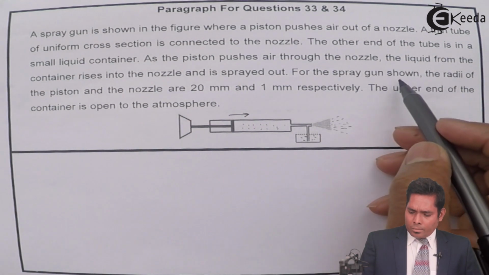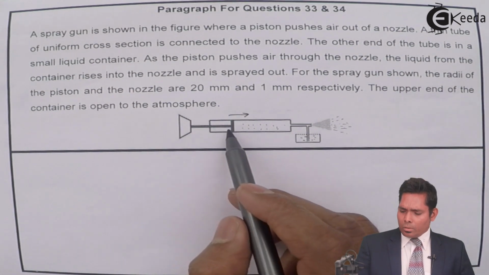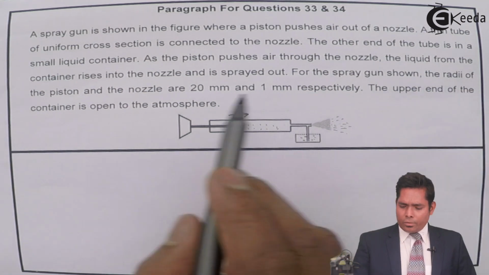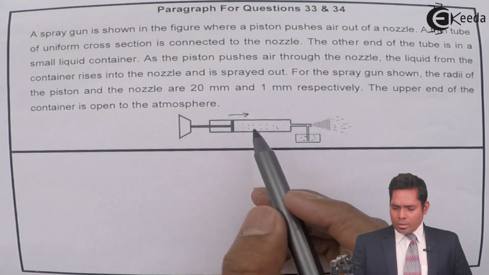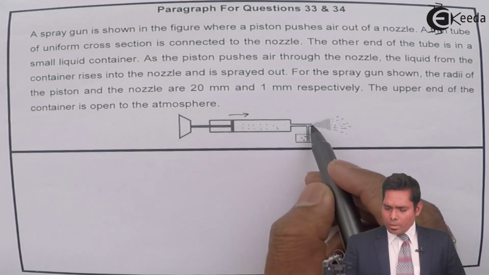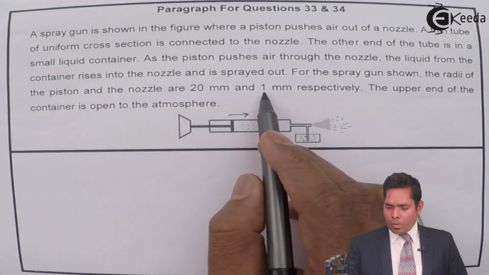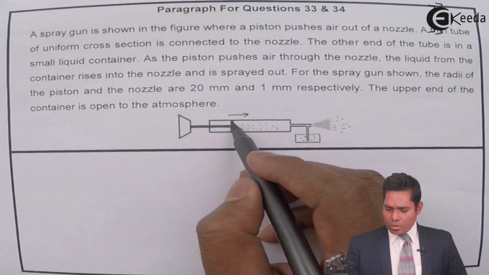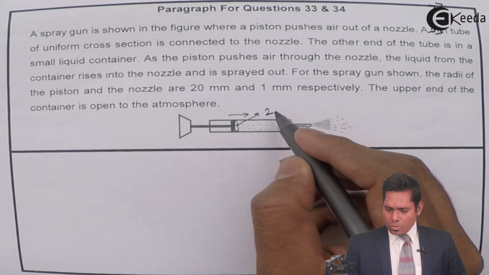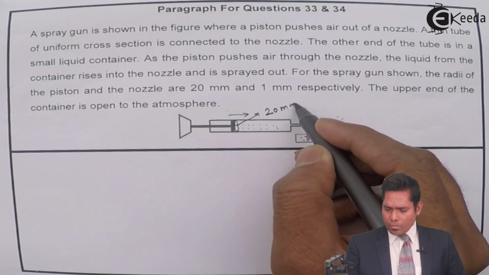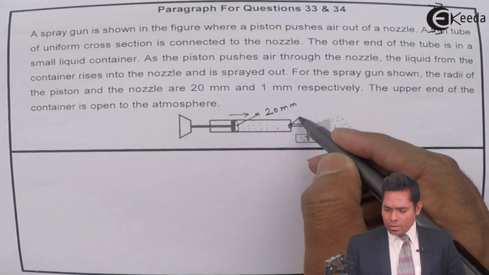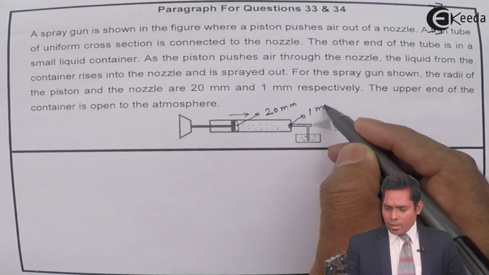For the spray gun shown, the radii of the piston and nozzle are 20 mm and 1 mm respectively. So this is 20 mm, and this nozzle, whether it is here or here, is 1 mm.